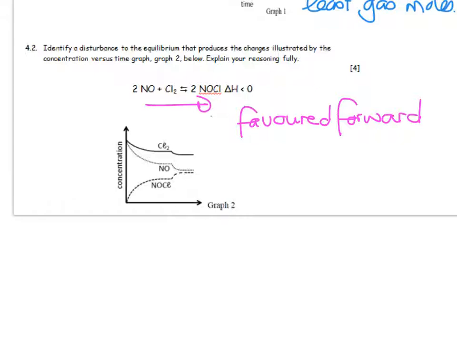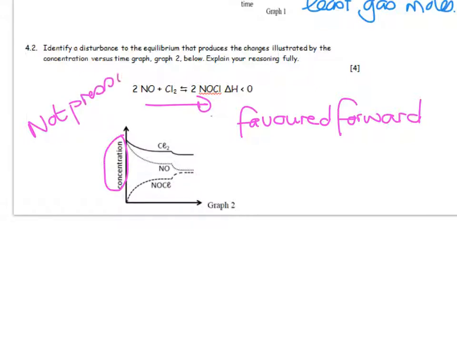This time you can see quite clearly with concentration, if I've changed pressure, all of the concentrations would either increase or decrease because it would all get squashed together or pushed apart. That has not happened here, so it is not pressure.